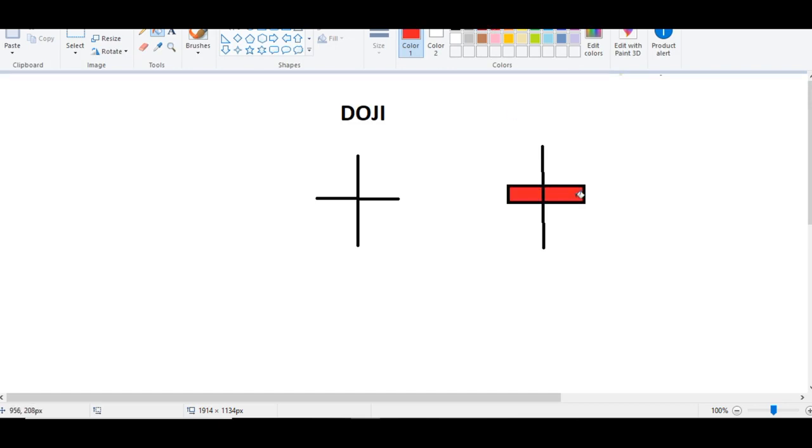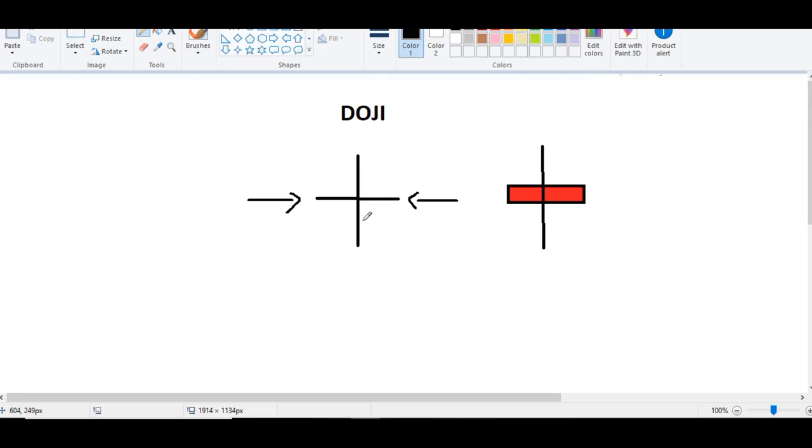It might be a red one or a green one. The reason it looks like a plus sign is because the opening price is the same as the closing price. They're identical, or the opening price is very close to the closing price, and that's why they look like a plus sign.